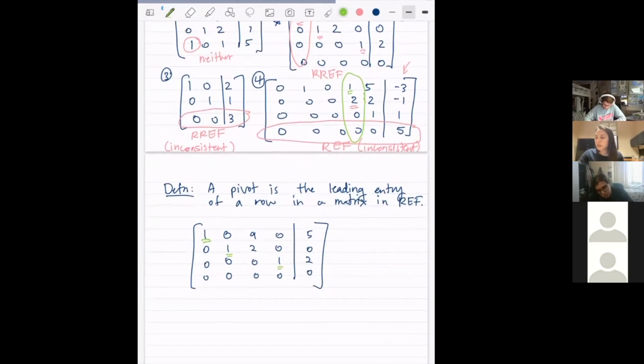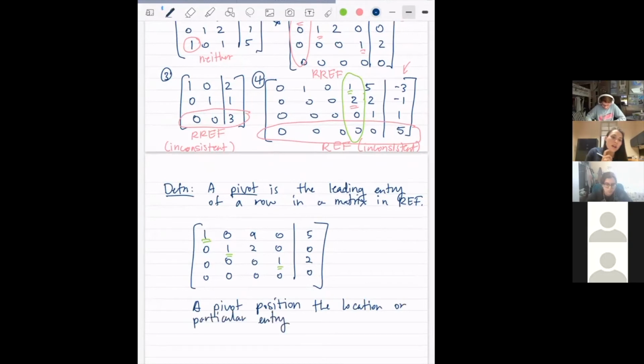And then we'll have something else, which will be called a pivot position, which is going to be the location or particular entry that corresponds to a pivot in the original matrix.